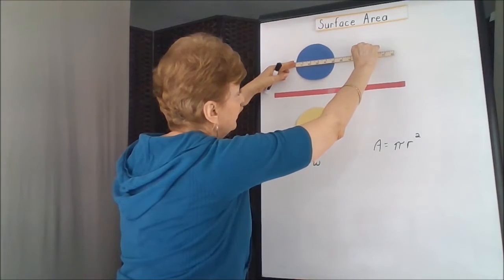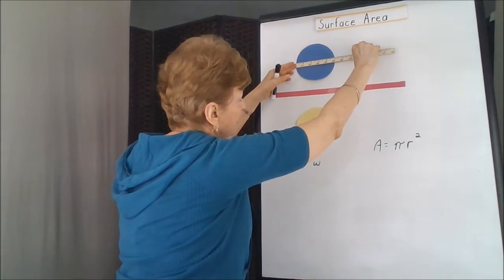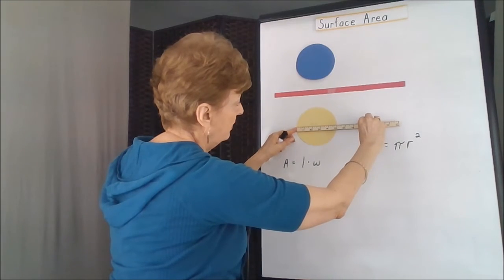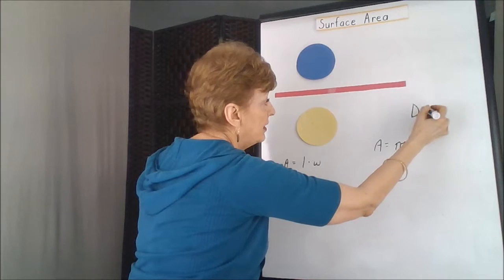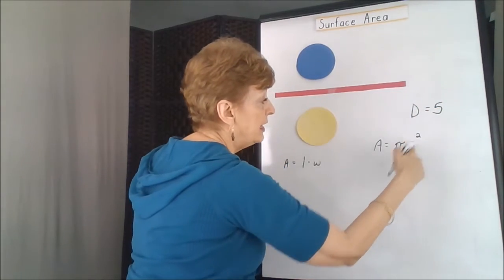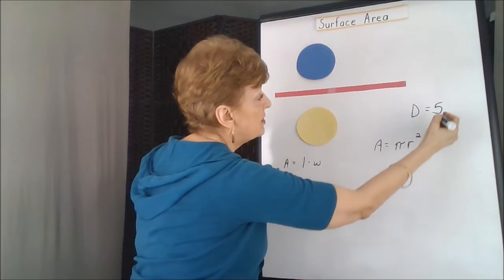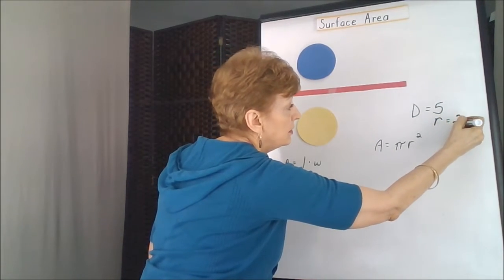That would be 5. The diameter would be 5, going through the center point. See it? 5. So if our diameter is equal to 5, we're going to need to use half of that for our radius figure. So half of that means that the radius would equal 2.5.